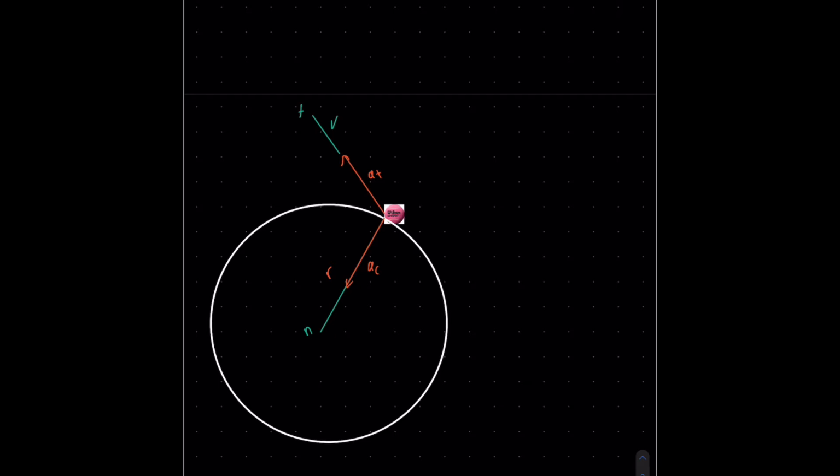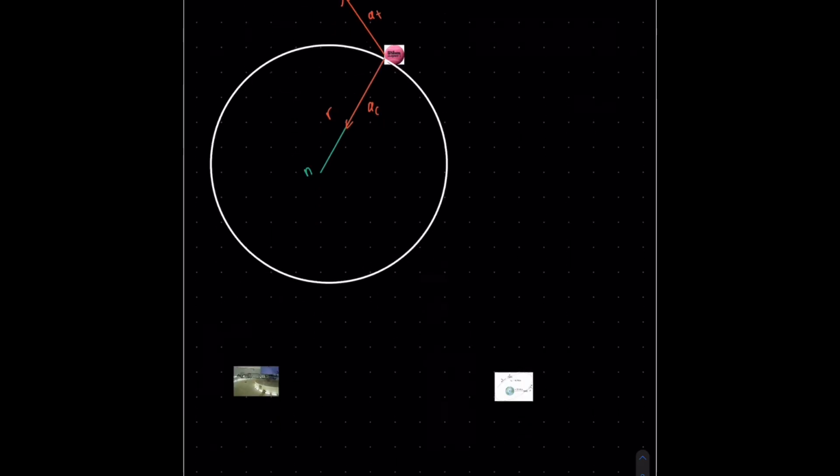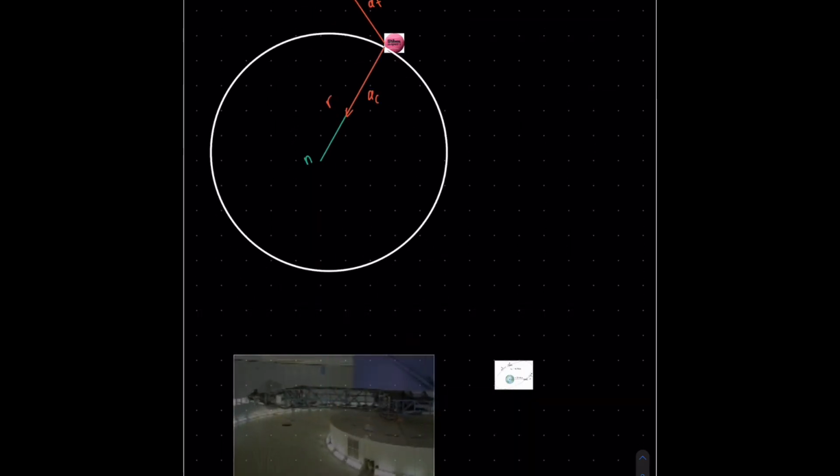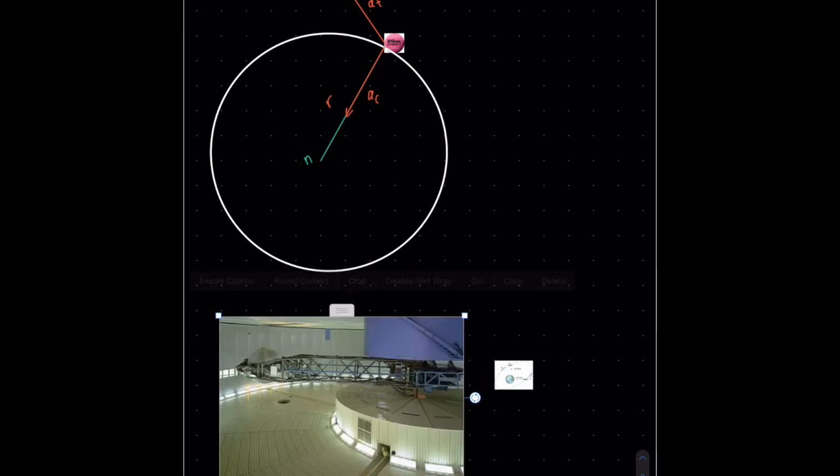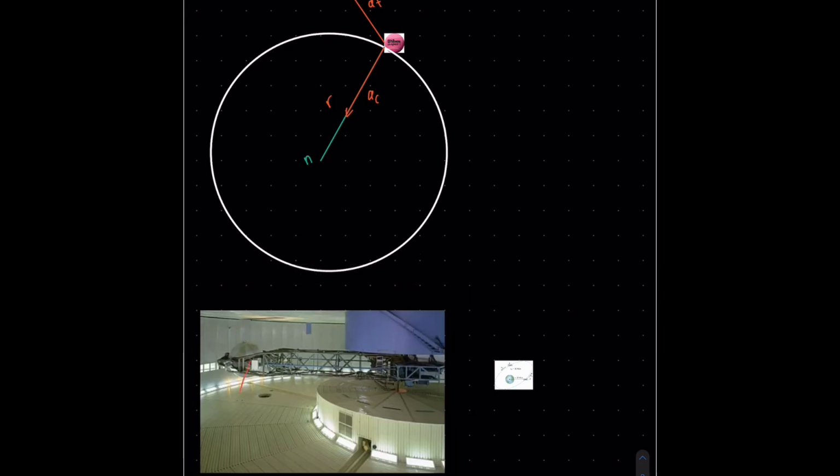Alright, here I provided some other visuals to see other examples of the accelerations. Here we have a tangential acceleration. And I think this is something from NASA that simulates G-force or whatnot. I'm not too sure. But here's a tangential, and here's a normal pointing towards the center.